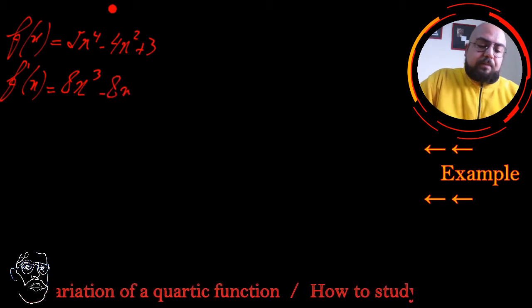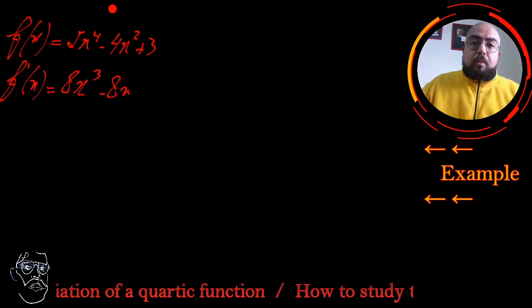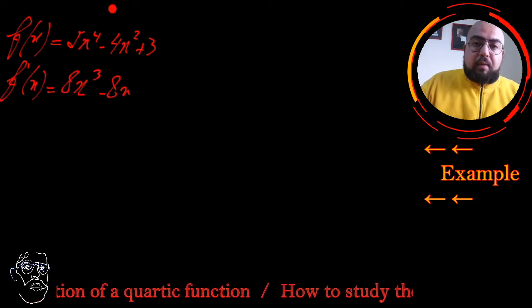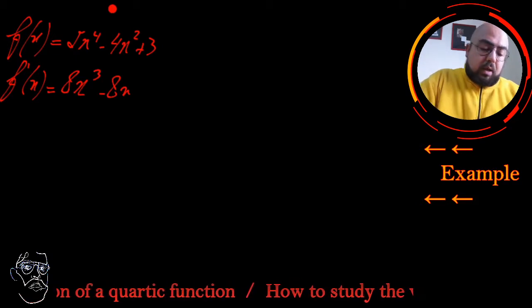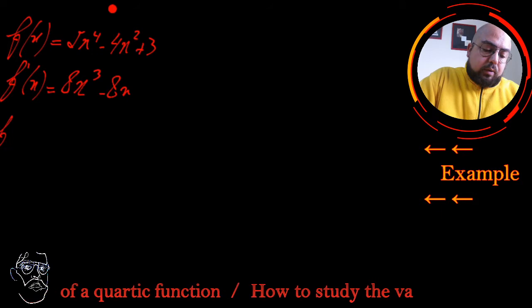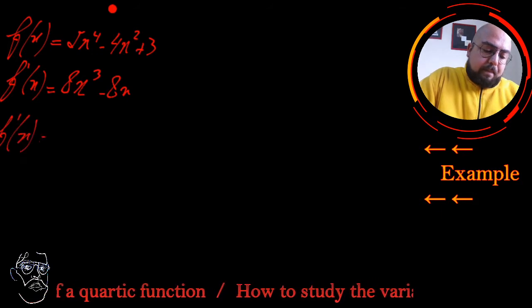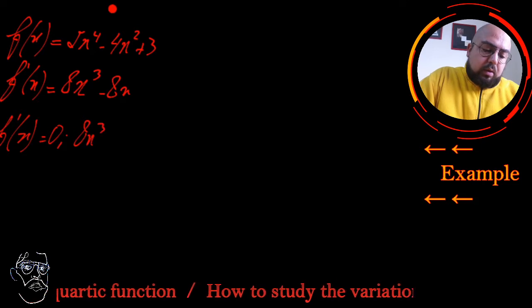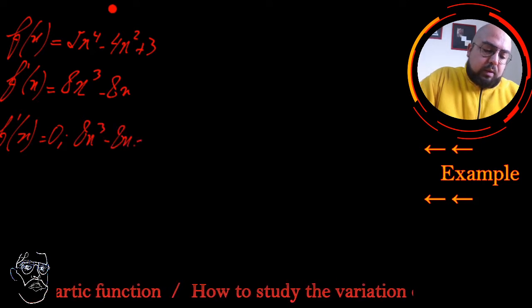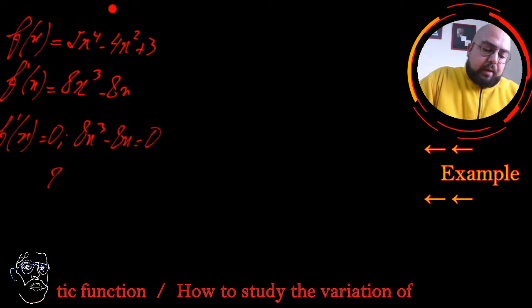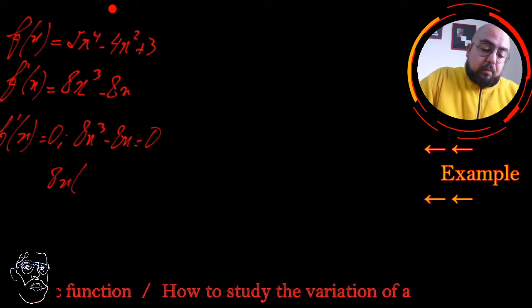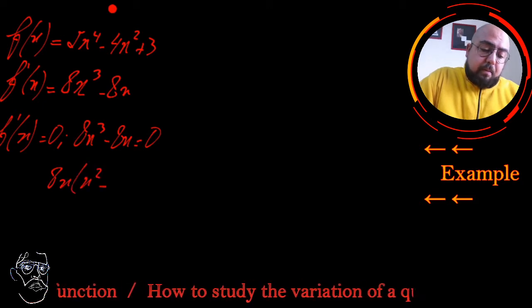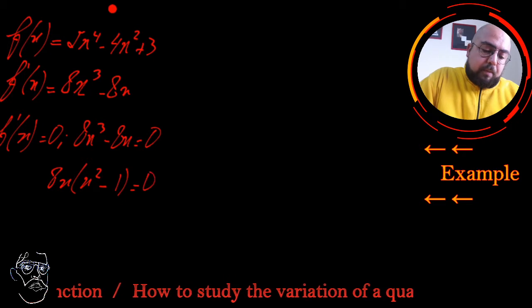Now, in order to know the sign of your derivative, you should say f prime of x should be equal to 0, which means 8x^3 minus 8x is equal to 0. 8x as a common factor, x squared minus 1 is equal to 0.